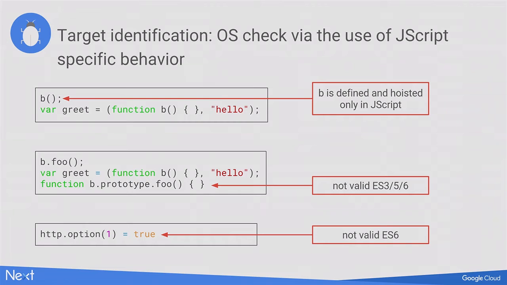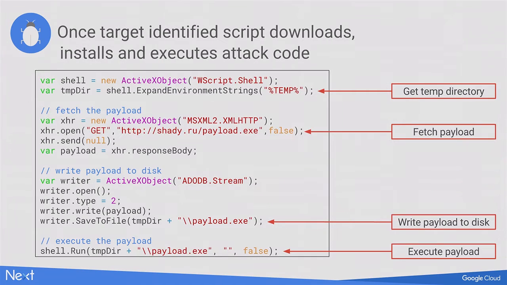It's just checking for specific syntax that only works in JScript and uses that to move along. So once the target has been identified, Loki moves to the next stage and really attacks. It's going to download, install, and execute the malicious binary.